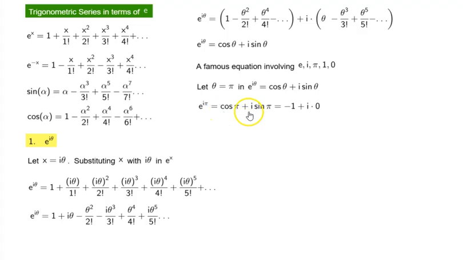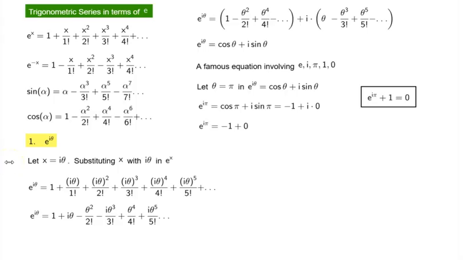Cos pi is minus 1, sine pi is 0. So minus 1 plus i times 0, which gives us e to the power of i pi is equal to minus 1 plus 0. So we end up with that famous equation. e to the power of i pi plus 1 is equal to 0.